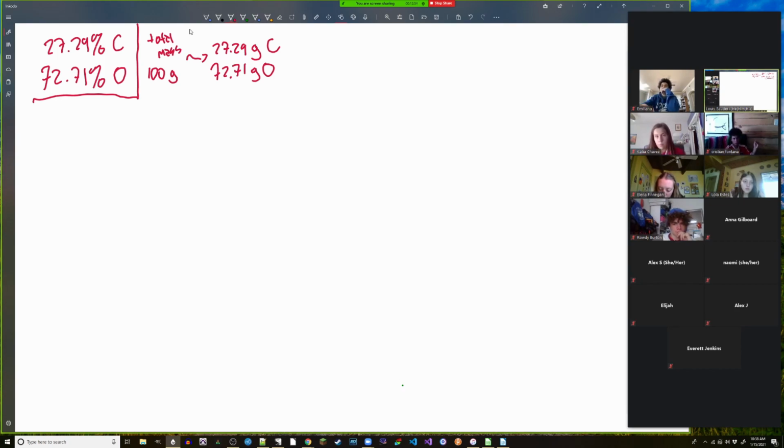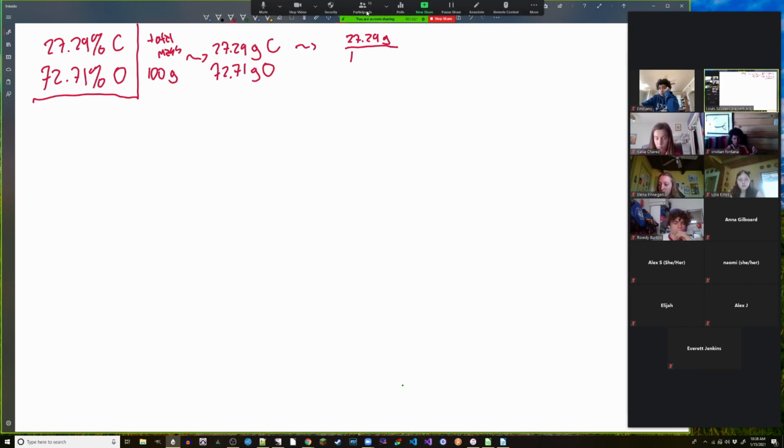And then from this point, we can now do our whole procedure, right? Now that we have the number of grams of a substance, we want to convert this to number of moles of a substance, which will tell us basically the number of atoms. So to convert this to moles, we take our 27.29 grams for carbon, and we divide by carbon's molar mass, so the grams per mole.